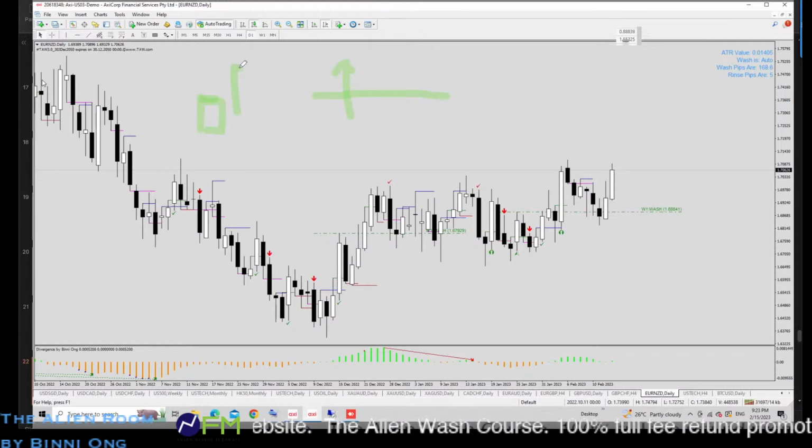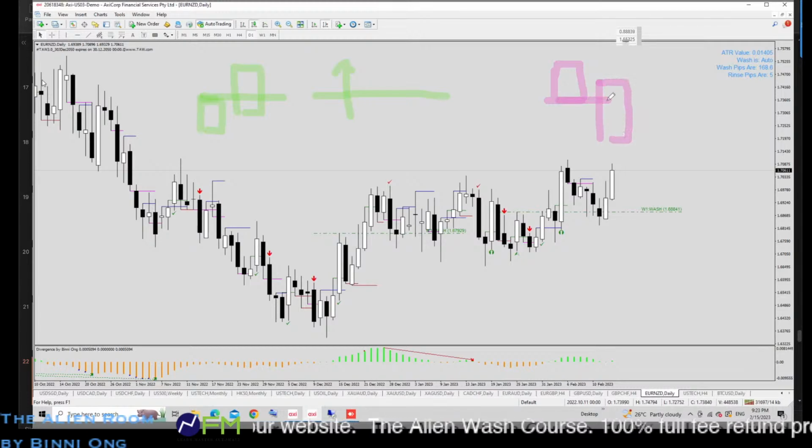Now the next candle, price actually closed higher than the previous high. Now, what this indicator, which is called MTF, will do is draw a wash line as long as something closed above something. So it will draw a green wash line here. Then when would the magenta wash line be drawn? As long as you have this candle here and something closes below the previous bar, it will draw a magenta wash line. So this is the logic behind the wash line.